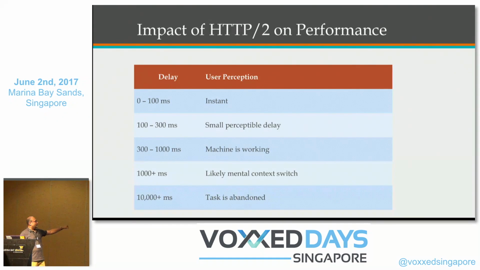Let me share this graph. This graph is from Ilya Grigorik's book, High Performance Browser Networking. I highly recommend that book if you are interested in understanding application performance. This graph is about delay and the perception of it.